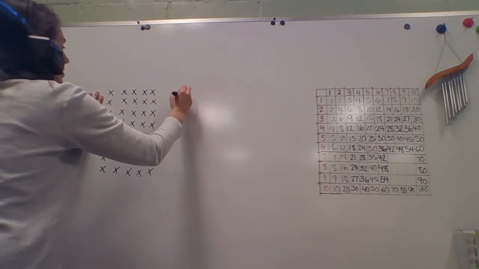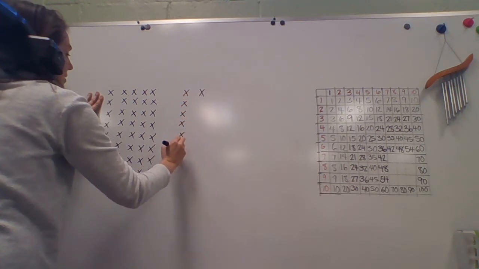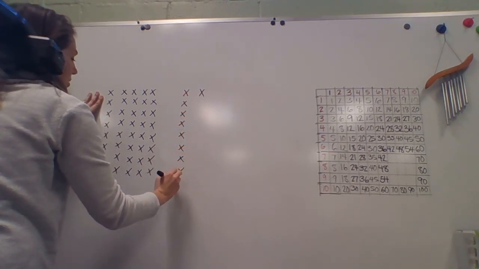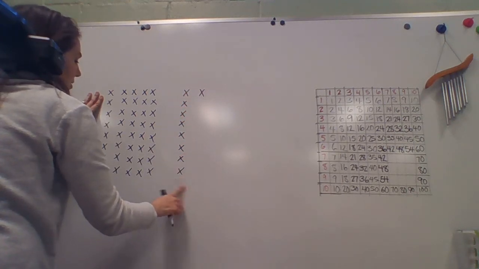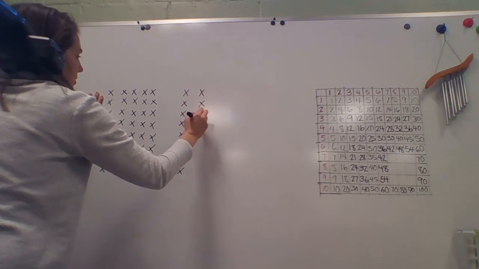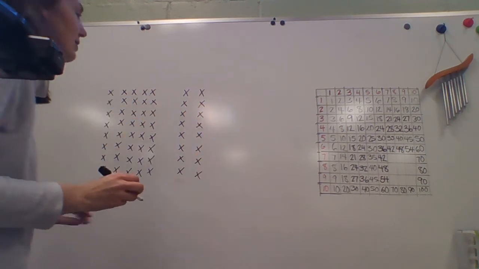And then another separate 2 by 8. 1, 2, 3, 4, 5, 6, 7, 8. So now we have a 2 by 8 array.